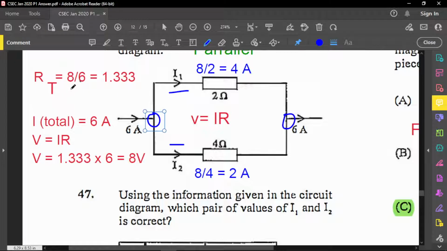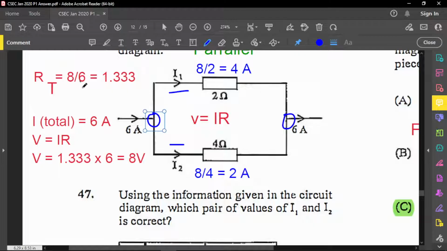To find the total resistance in a parallel circuit, and notice there are two resistors here, a 2 ohm and a 4 ohm resistor in parallel, how do you find the total resistance? It is equal to the product over the sum. That's a shortcut way. Or you can just say 1 over RT is equal to 1 over 2 plus 1 over 4, which is also fine. If you do it that way, you're going to get the exact value that you should have.